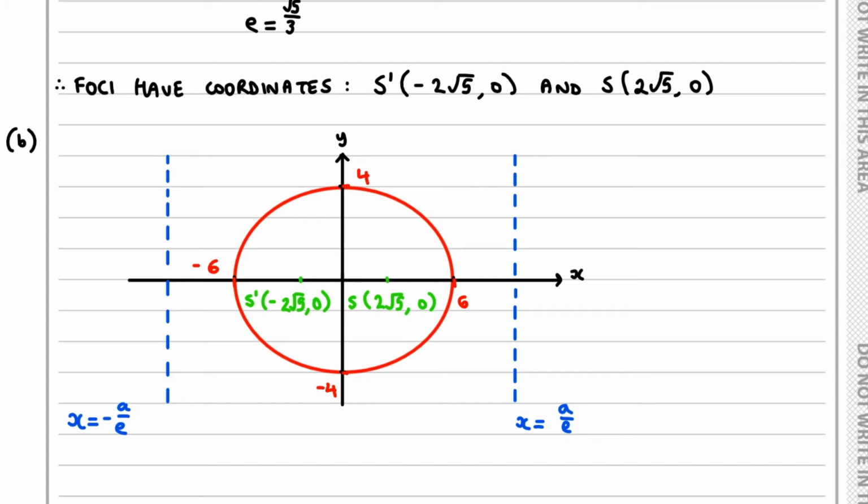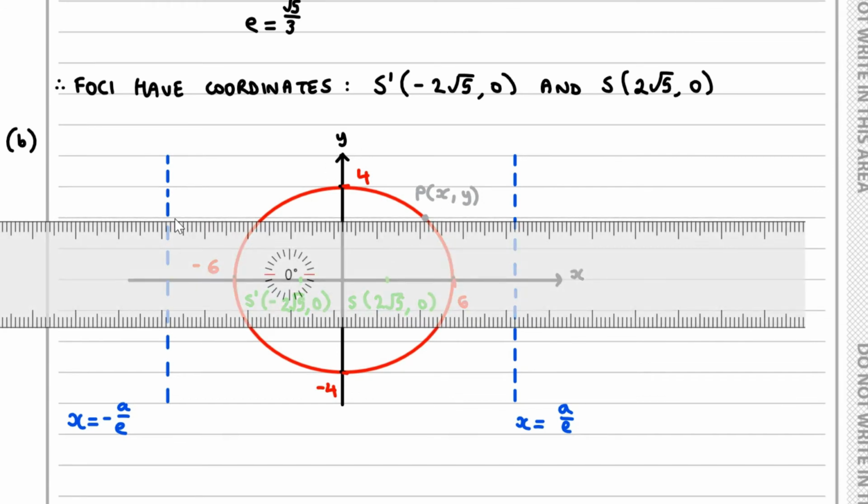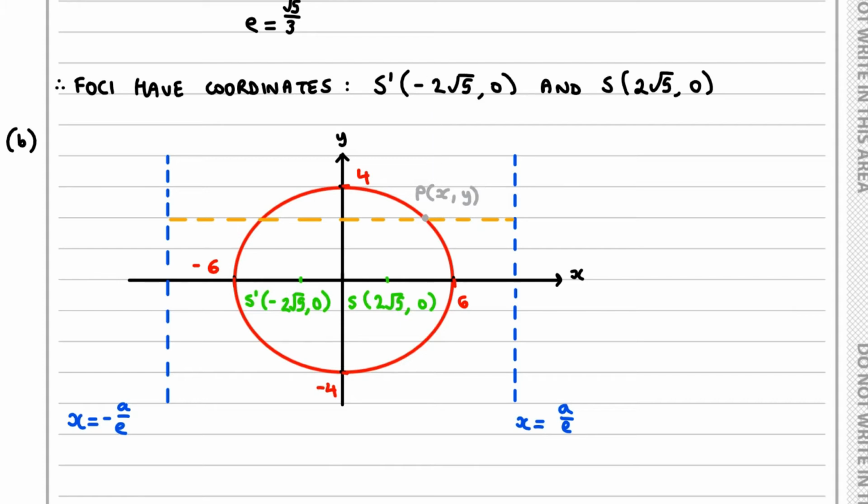So if we suppose that the point P over here somewhere has general coordinates x, y, then the distance over here from P to the directrices, well, we can determine what that is. And we've also got the distance from P to the foci.